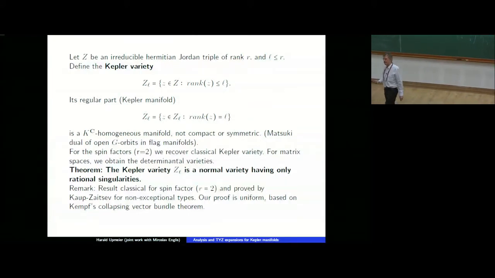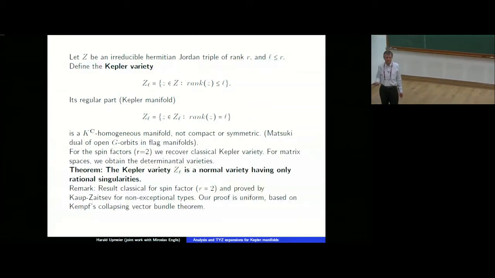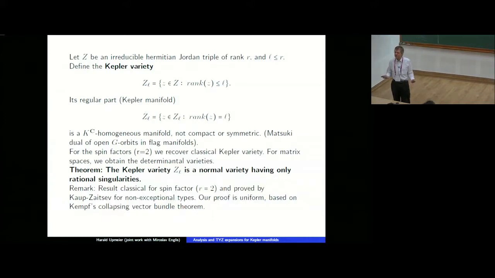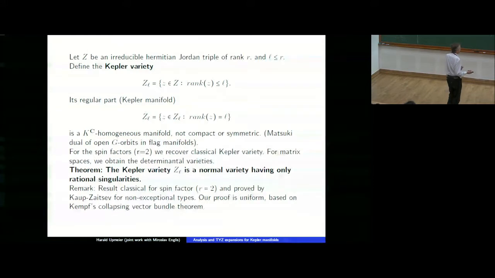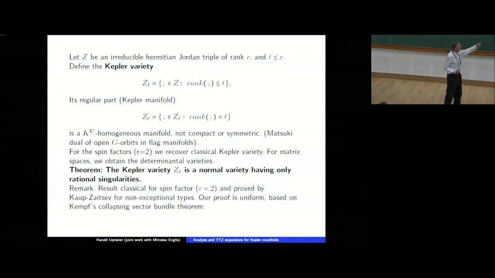That is the so-called Matsuki duality, very famous and extremely important, it is the basis of Radon transformation, integral geometry in higher dimensions. And these Kepler varieties, the Kepler manifolds, are homogeneous under KC. They are complex varieties, of course, under KC.